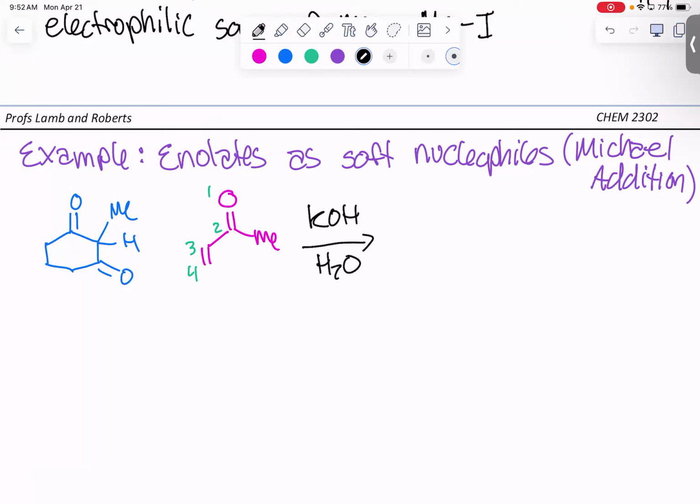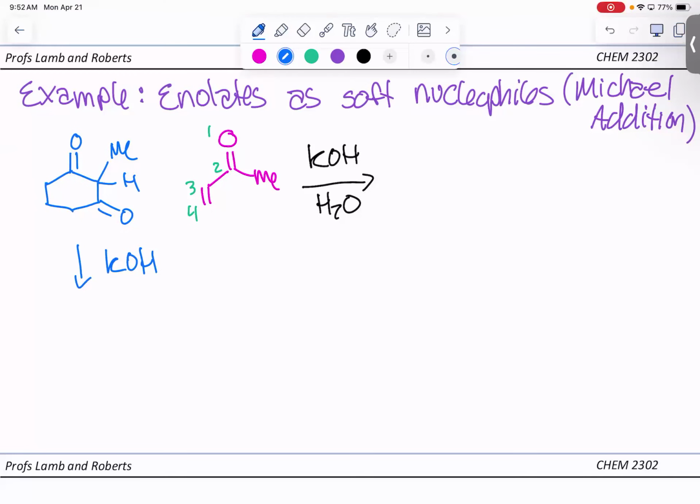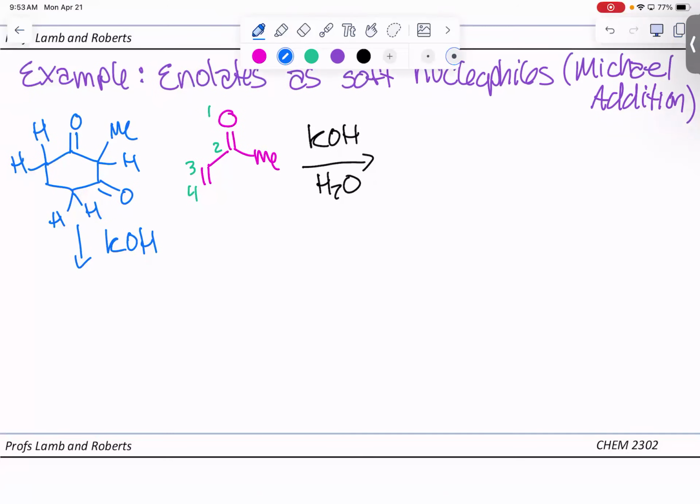All right, I'm going to have you all write the product of the base. So what is the product after you deprotonate this? So we have a couple of different hydrogens that we could deprotonate. We actually have 5 viable choices. So think about which of those are going to deprotonate to form our enolate nucleophile. All right, so just identify which proton.